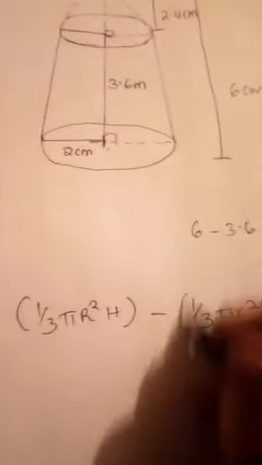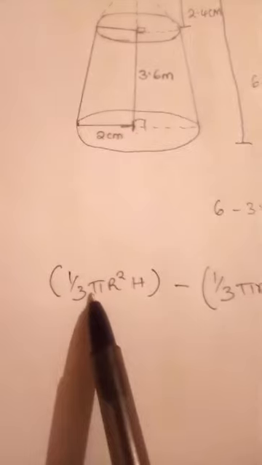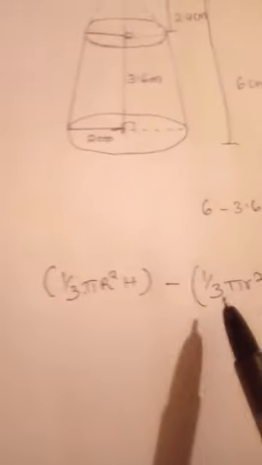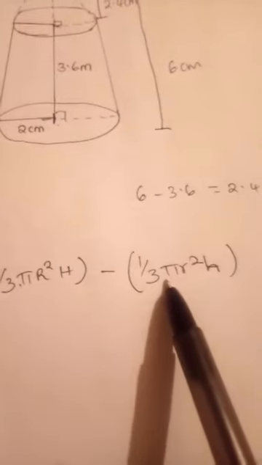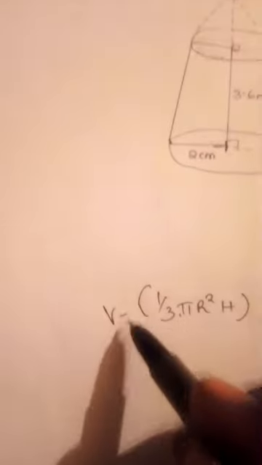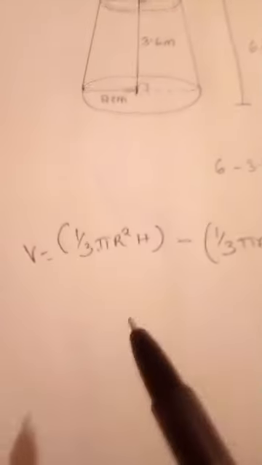Then we close the brackets. This is the volume of the larger cone, and this is the volume of the smaller cone. Now we want to get the volume of the Frustum.